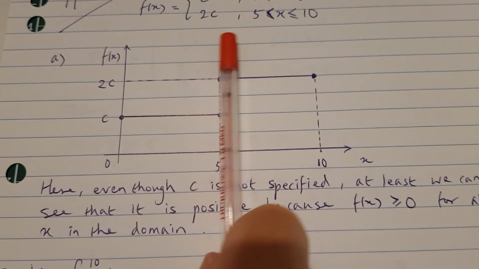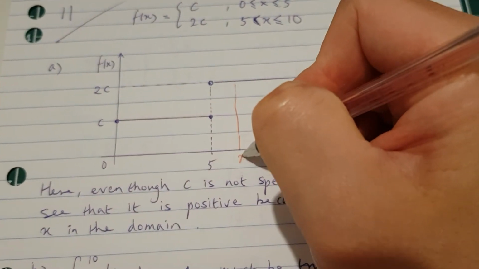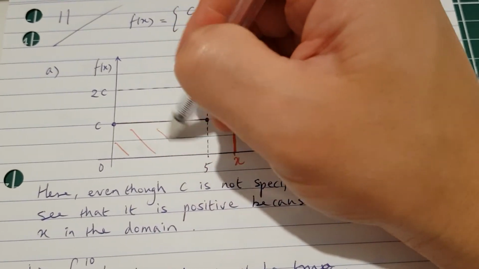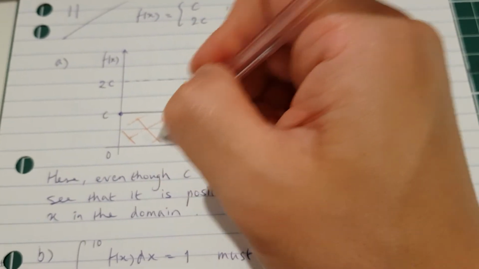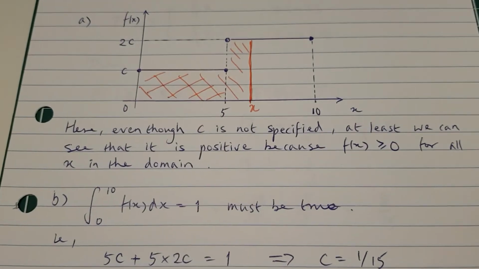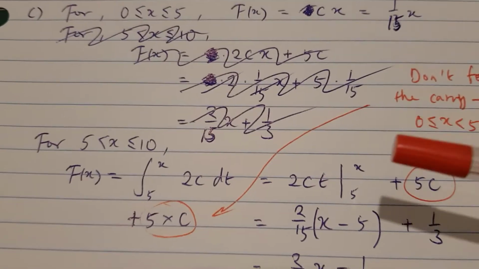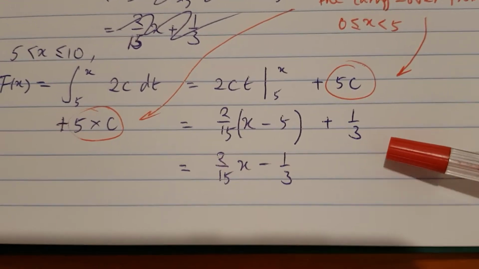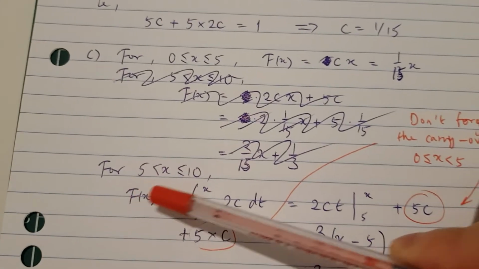So beyond x equals 5, if I say that's my x lying between 5 and 10, it's going to be all of this area. Okay, so no matter what, you're going to have that little rectangle area included, and that's 5C. So that gets carried along and gives you that CDF for x between 5 and 10.